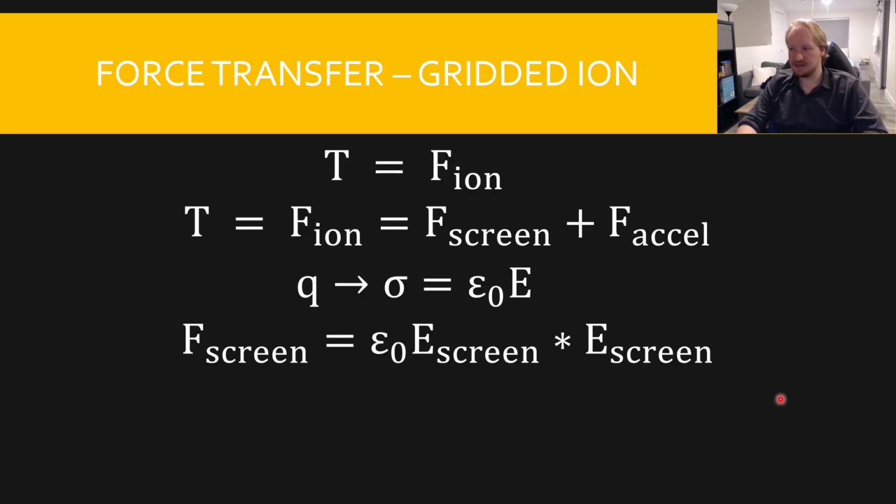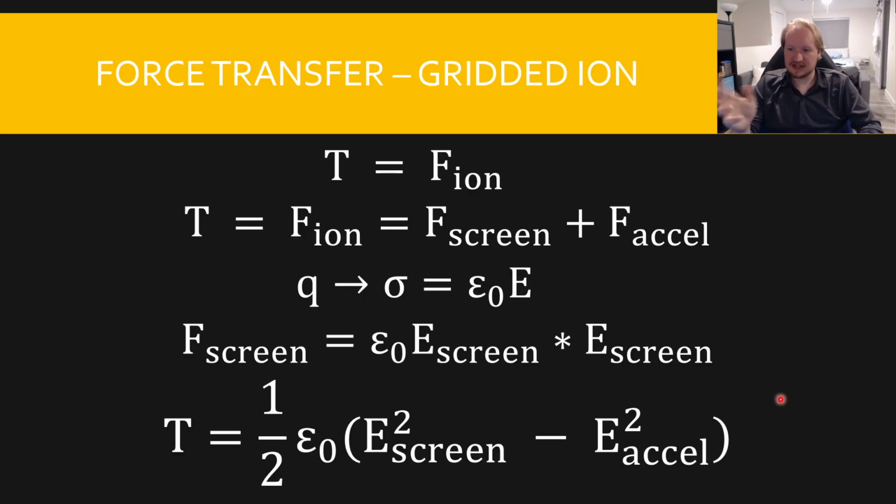And then if we apply the same thing to the accelerator grid, and because they're opposite charges, we're going to subtract them from each other. So we get thrust is equal to 1/2 epsilon naught (E squared minus E squared) for the screen and accelerator specifically. The 1/2 comes out of the full derivation for the system, which again is in the book, but I'm not going to go over here. So this is the total thrust magnitude for a gridded ion thruster.